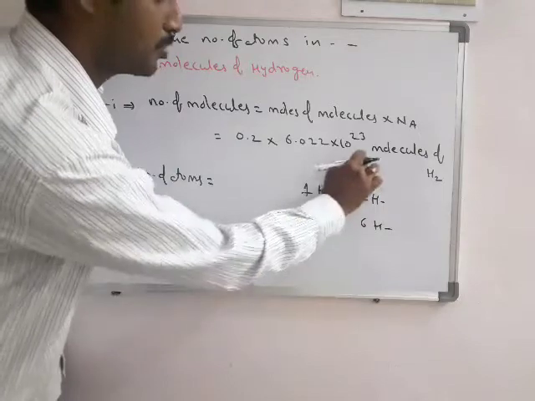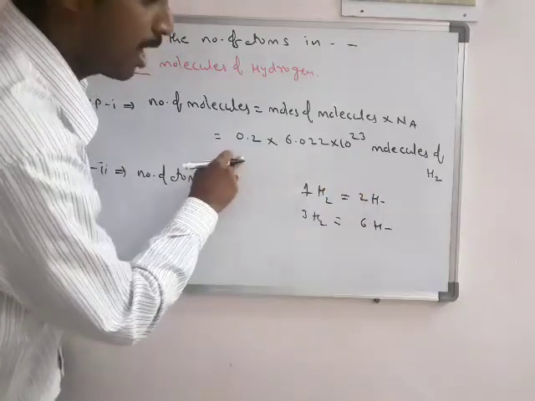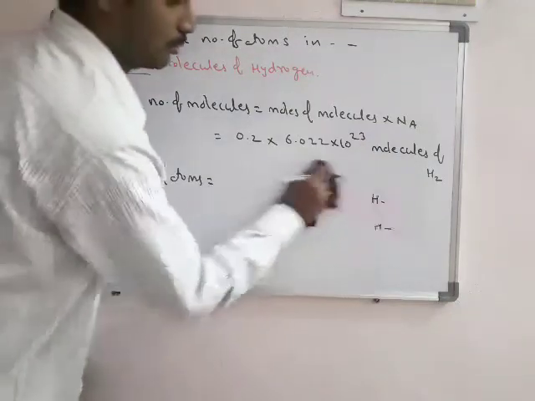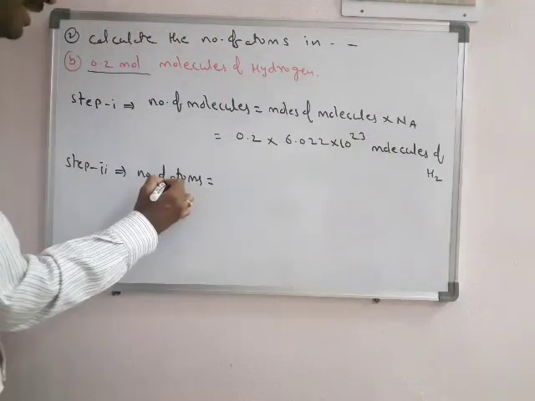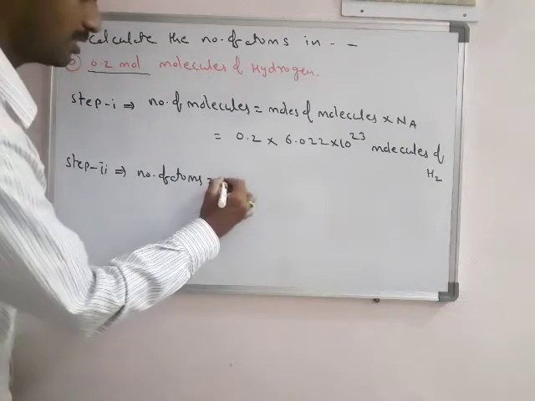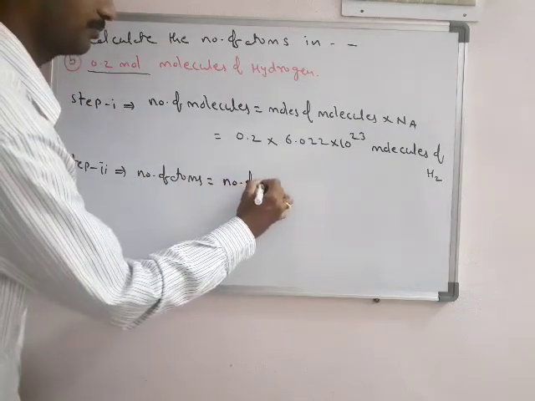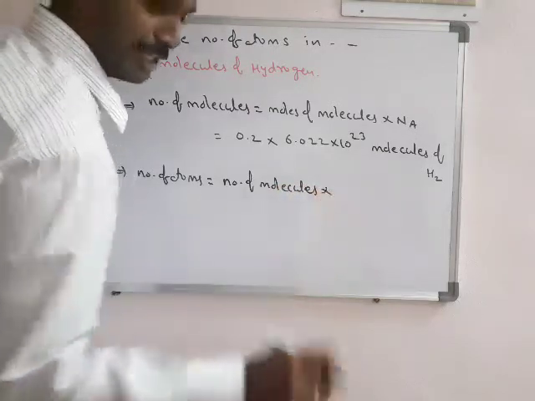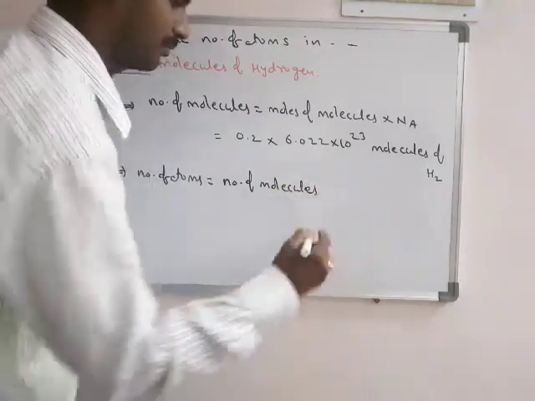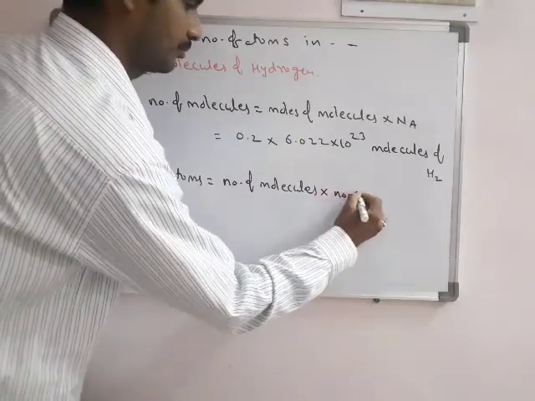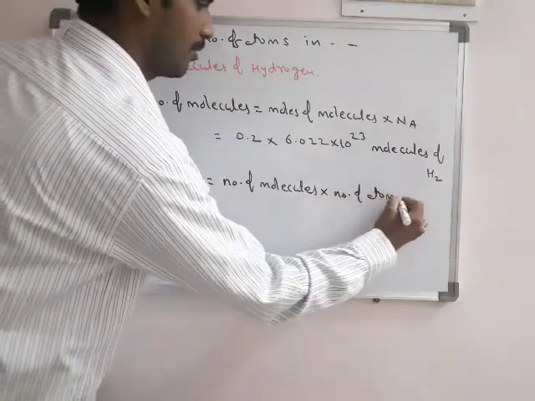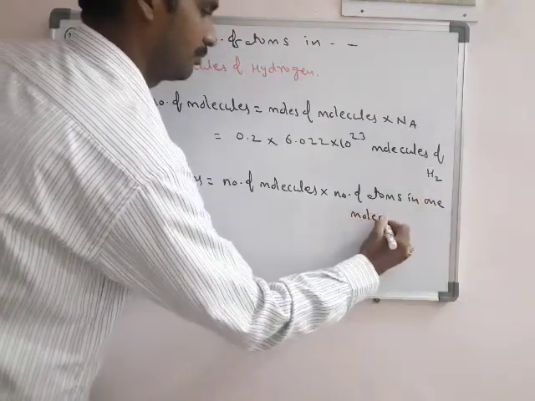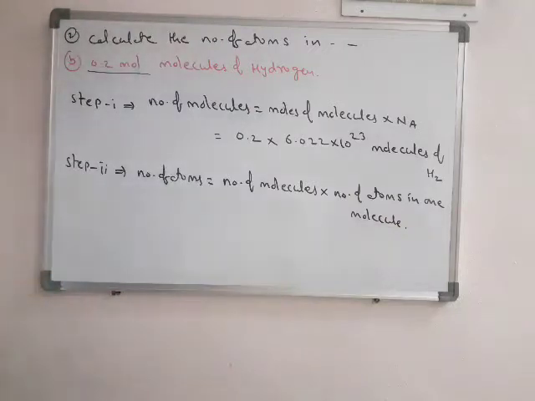Same, ఇక్కడ this much of molecules ఉన్నాయి. Means any hydrogen atoms అంటే we need to multiply with 2. So the general formula: the number of atoms, if number of molecules is given, equals number of molecules into number of atoms in one molecule.